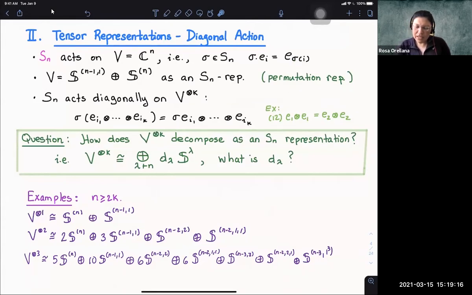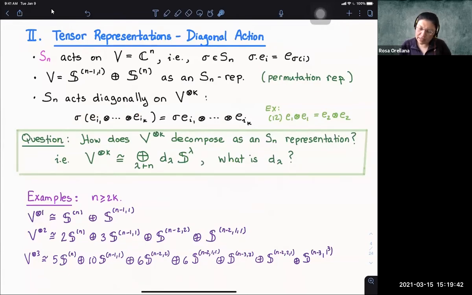As a representation, it decomposes like this. You might recognize this as the permutation representation. Since this is a representation, the tensor power is going to be a representation too, and the way it acts is diagonally, on each of the factors.